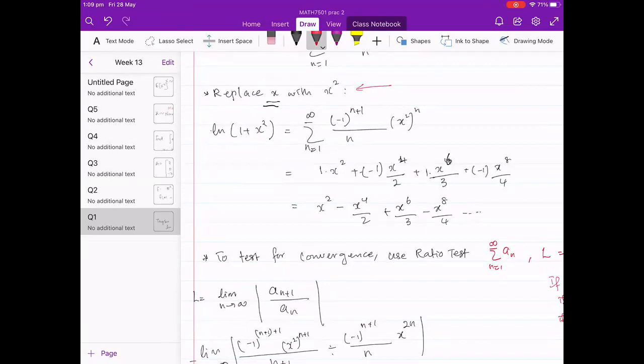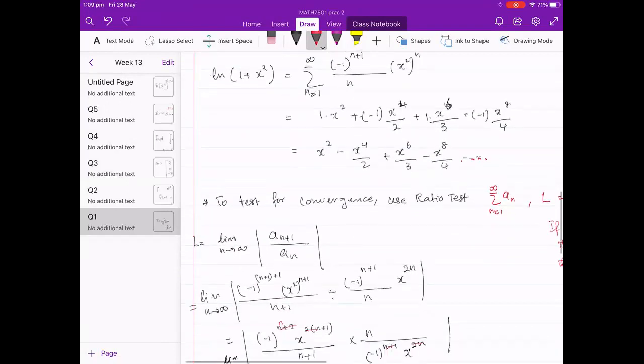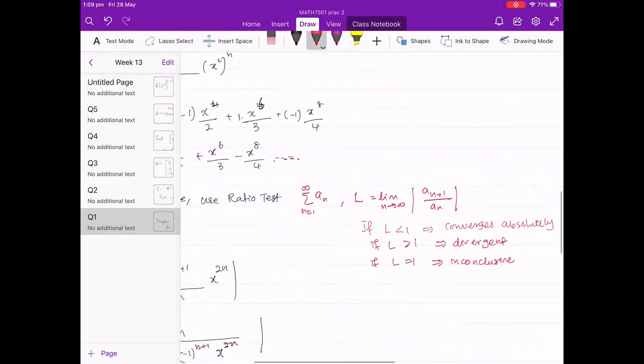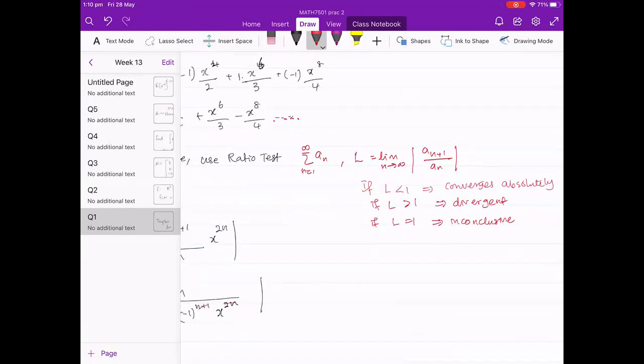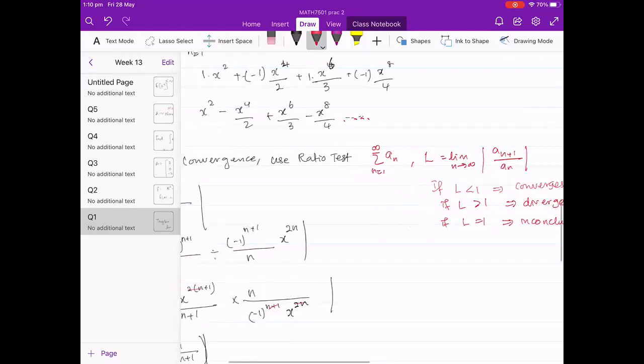And it goes on. To test for convergence, you could use the ratio test, which states that for the sum of a_n, n from 1 to infinity, take the limit as n tends to infinity of the absolute value of a_(n+1) divided by a_n. It converges if the limit L is less than 1, diverges if it's bigger than 1, and if L is equal to 1, inconclusive.